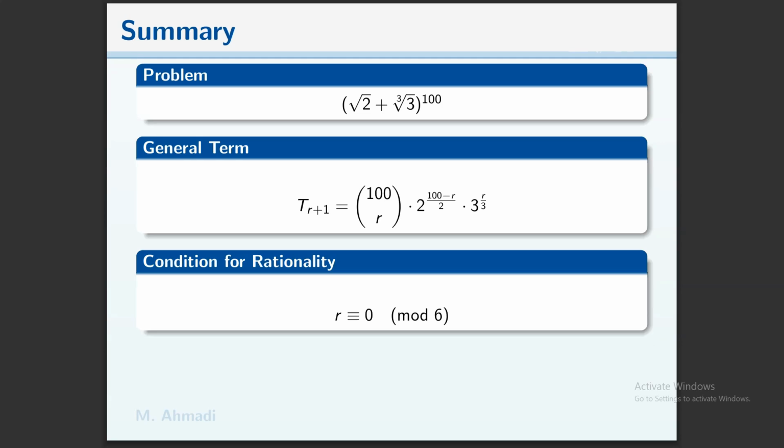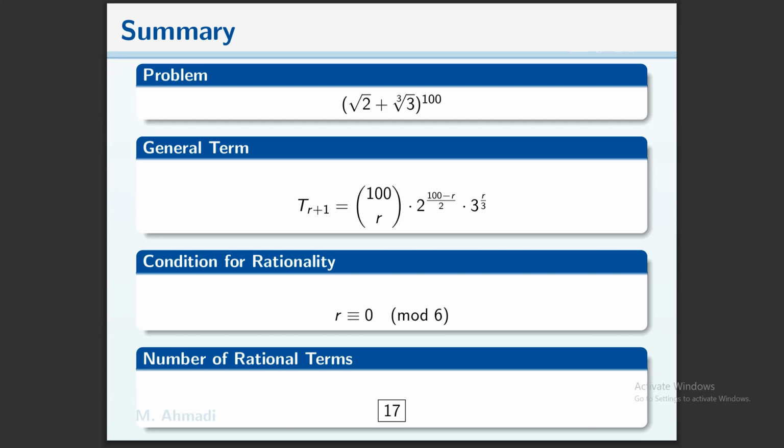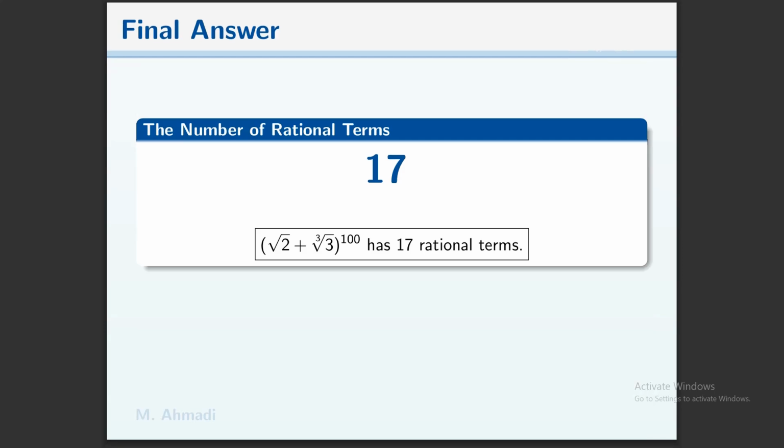Here we can see the problem is (√2 + ∛3)^100. The general term T_(r+1) equals 100 choose r, multiplied by 2^((100−r)/2), multiplied by 3^(r/3). The condition for rationality is that r should be divisible by 6, and the number of rational terms equals 17. The final answer: the number of rational terms is 17.